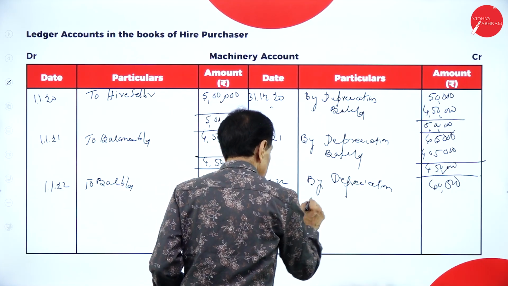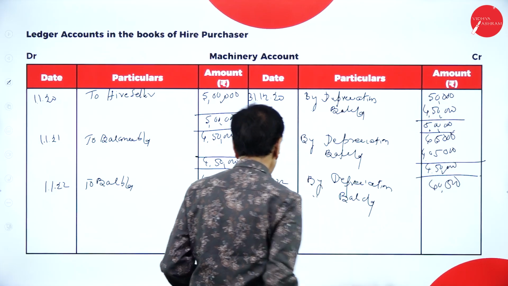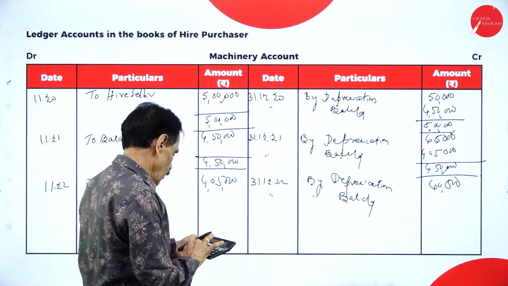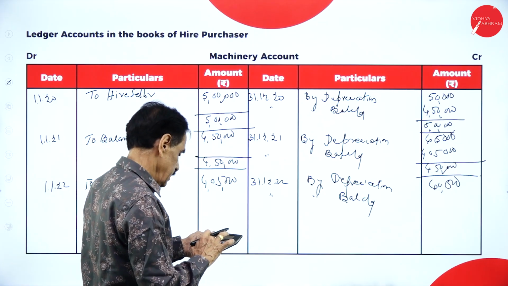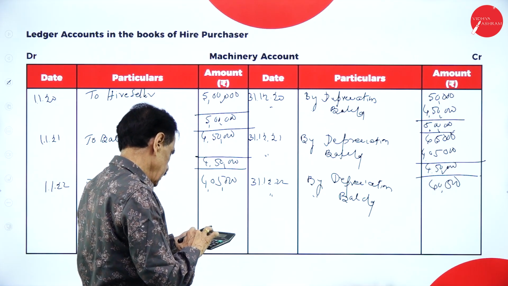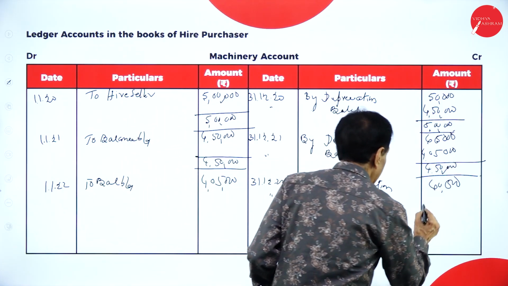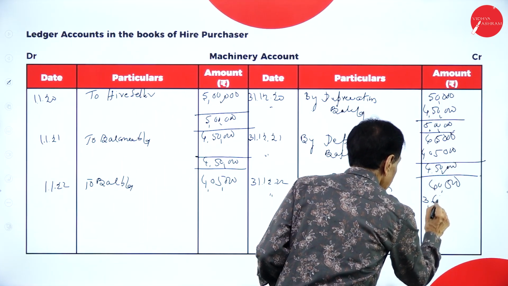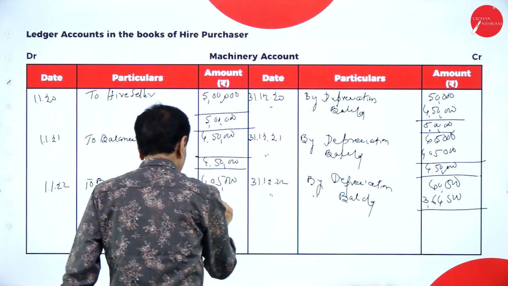Same date, by balance carried down, 4,05,000 minus 40,500, 3,64,500. 4,05,000.